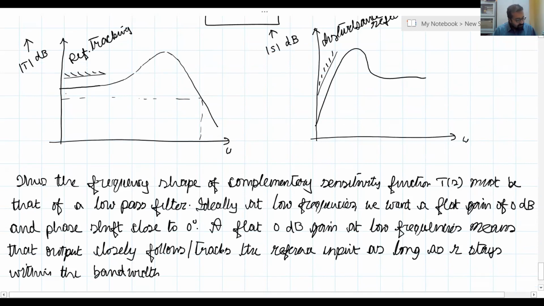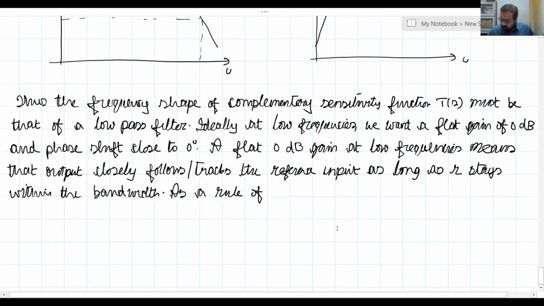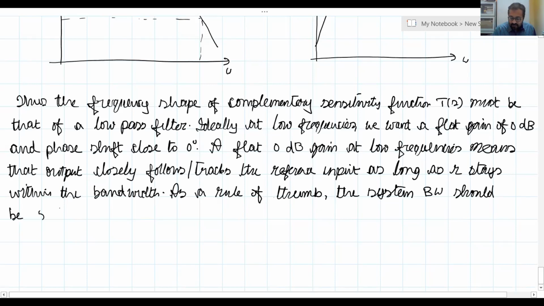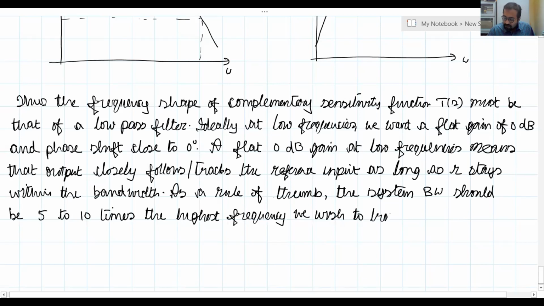As a rule of thumb, the system bandwidth should be 5 to 10 times the highest frequency we wish to track or control.